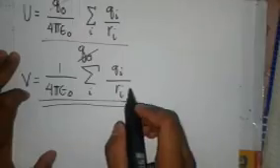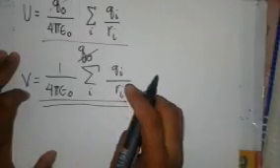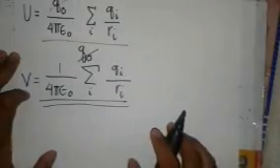So this is our equation for potential due to a collection of point charges, where r sub i is the distance from the ith charge and the point is where our potential is evaluated.